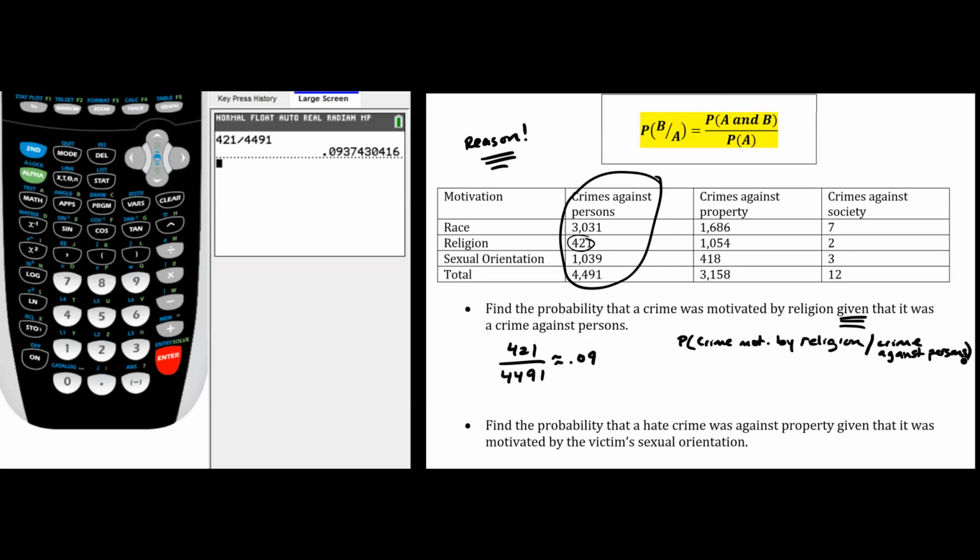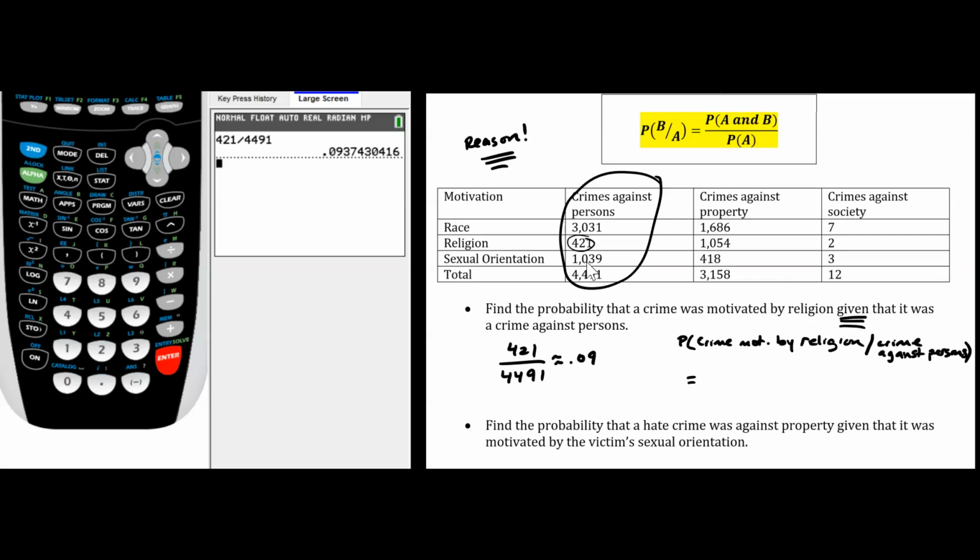And according to our formula, this is going to equal the probability of both of those events at the same time. The probability that the crime was motivated by religion and a crime against persons, then divided by the probability that it was a crime against persons. So in order to approach this, it's actually helpful to know what the grand total of all of the crimes is.